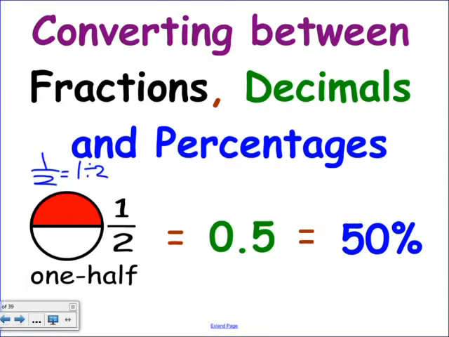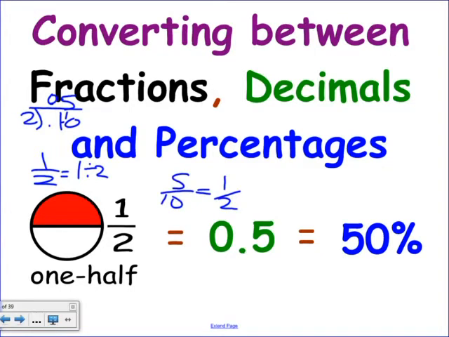So if I divide 1 by 2, 2 doesn't go into 1, remainder 1, 2 goes into 10 5 times. So the reason a half is 0.5 is because when I divide the 1 by 2, it gives me 0.5. We just talked about this. What does 0.5 mean as a decimal? 5 tenths. If I simplify 5 tenths, what does it give me? A half. Yeah? Percentage.